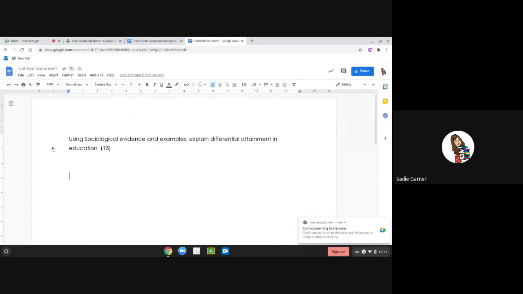This is a 15 marker on differential attainment, which is one of the terms in your 15 marker grid. What you want to do with this one is, first of all, highlight what we mean by differential attainment.